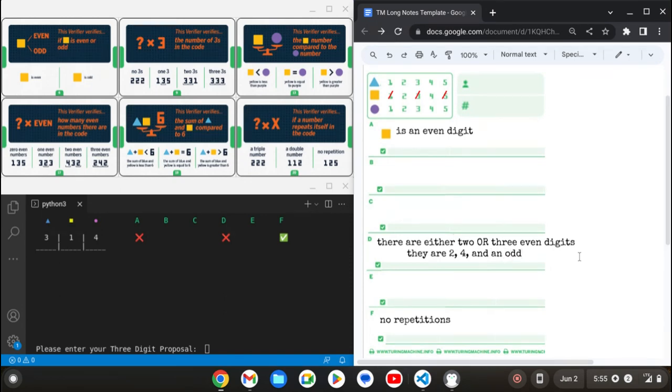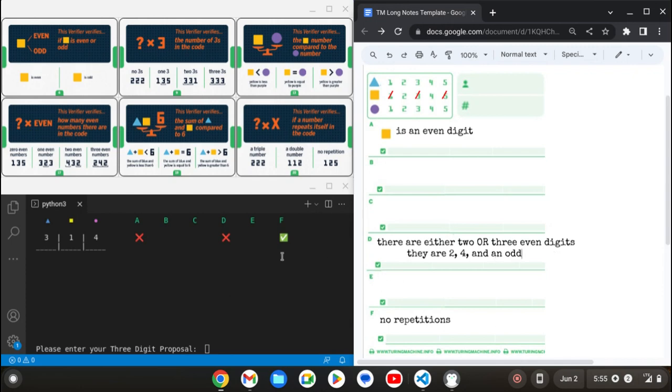So it's very interesting how, again, this combination of cards and the responses led us to have additional information that the code must have a 2, a 4, and a single odd.